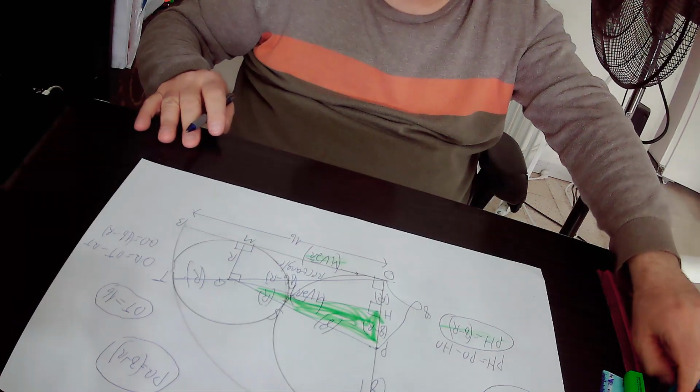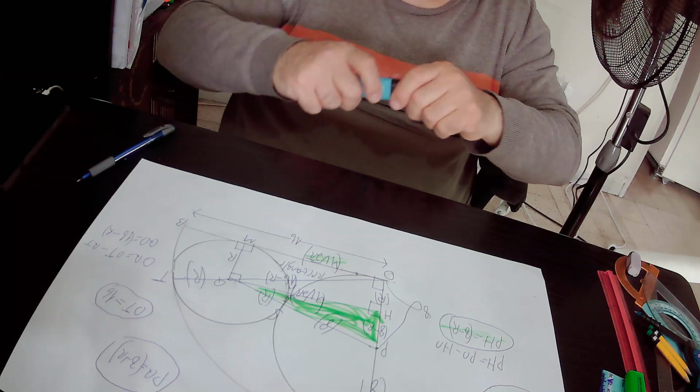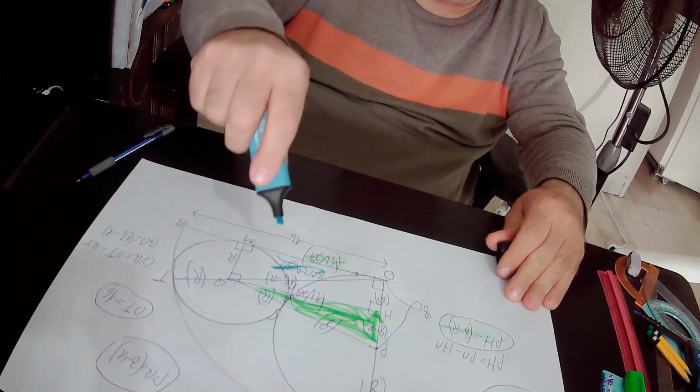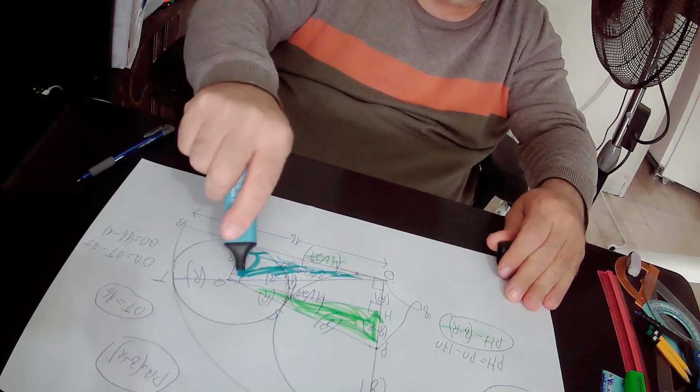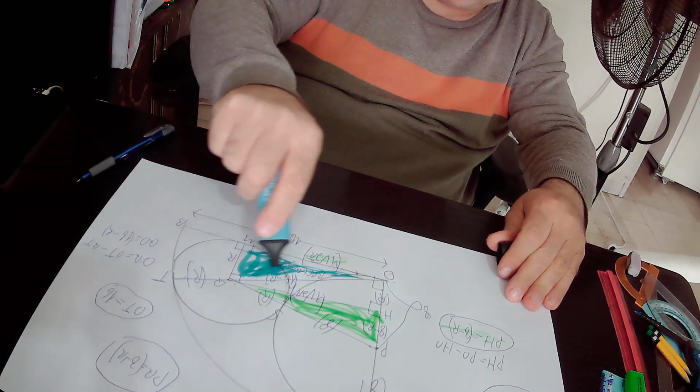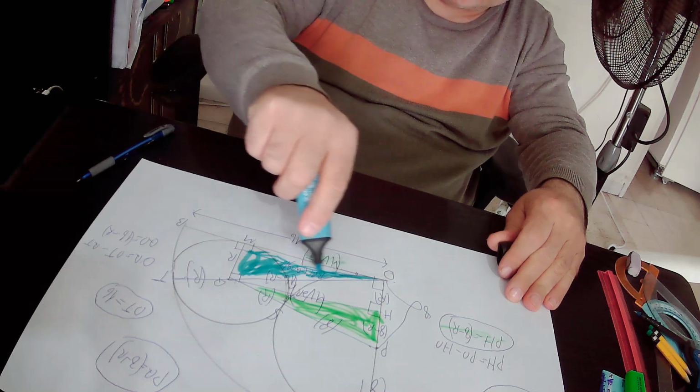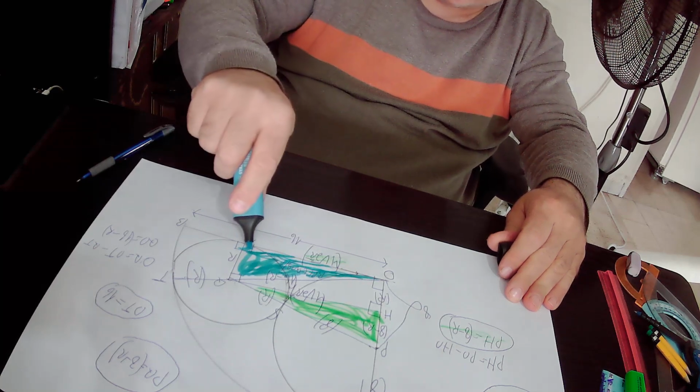In the next step, I will copy the right blue triangle OQM in a new page, and we will implement the Pythagoras theorem on this right blue triangle, triangle OQM.